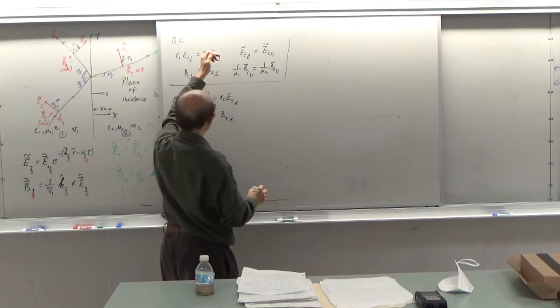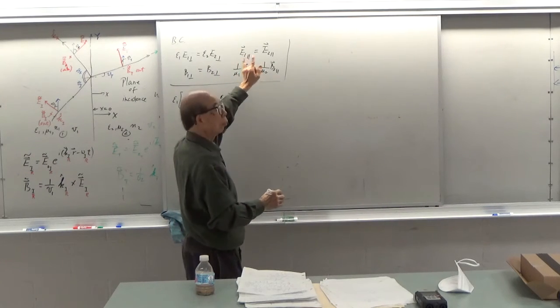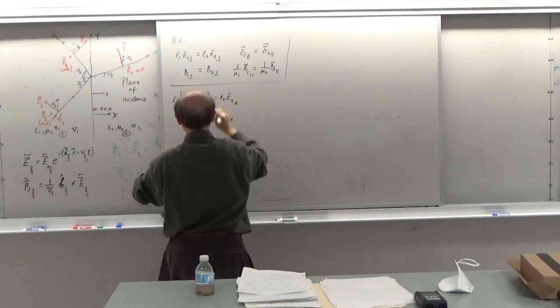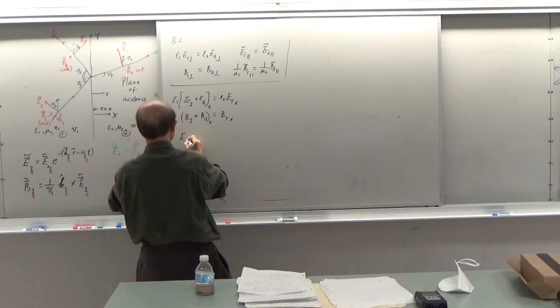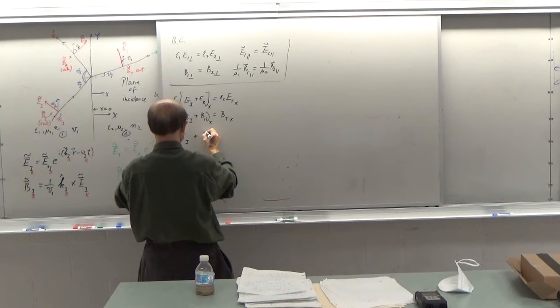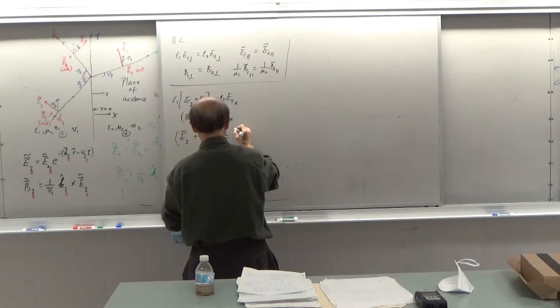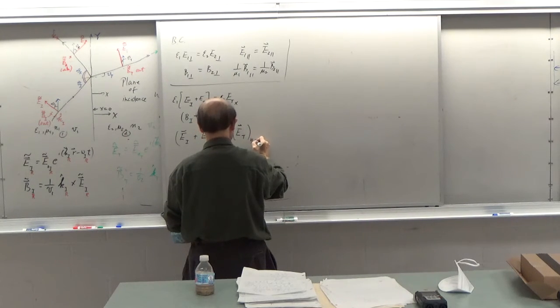And now we have the more complicated one, namely the one involving the y and z components. This one is E_I plus E_R, the y and z components, and that's equal to E_T, for the y and z components.